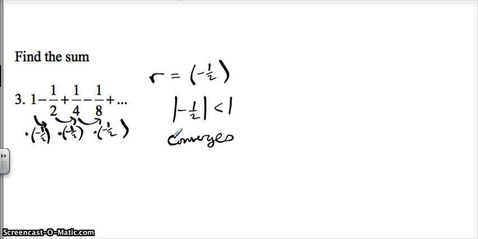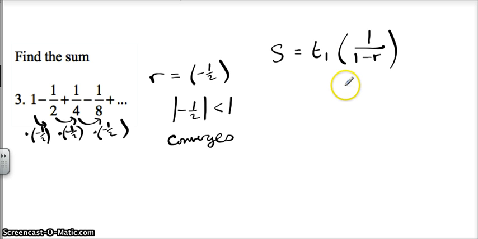If the series converges, let's go ahead and find that sum. The sum is equal to t sub 1 times 1 over 1 minus r. T sub 1 is 1, our first term, times 1 over 1 minus r. r is -1/2.